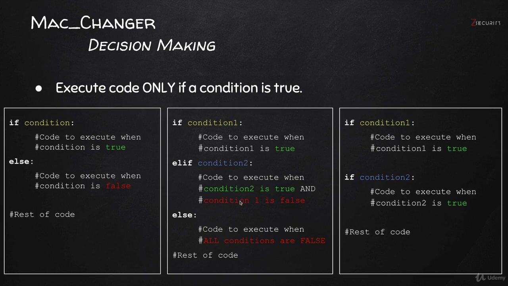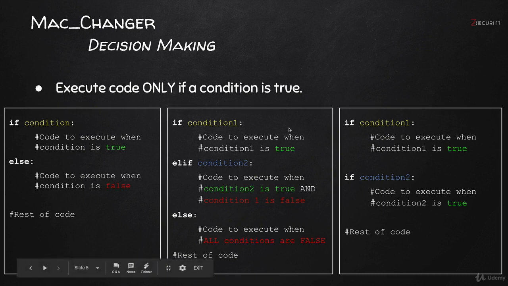If it is, it'll execute the code here and exit, go to the rest of the code. If all of the conditions are false, it'll execute the code in the else statement and then go to the rest of the code. So this is an example of using multiple conditions in one single if statement.